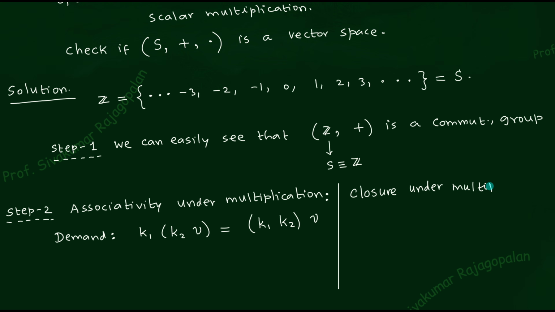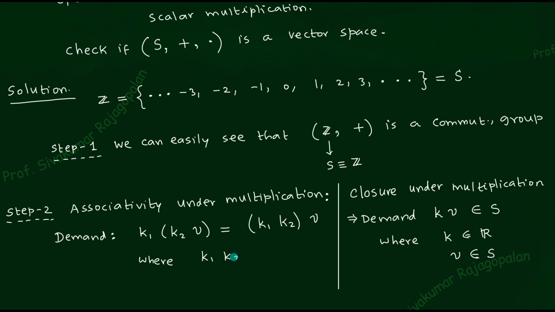How it looks like: closure under multiplication means, because it is actually a scaling property, we have to demand that a constant times the vector should belong to the same set. That's what it is. And here the constant should belong to the field, which is the real numbers, and the vector should belong to the given vector space S, capital S. The same thing is true in the left side of associativity.